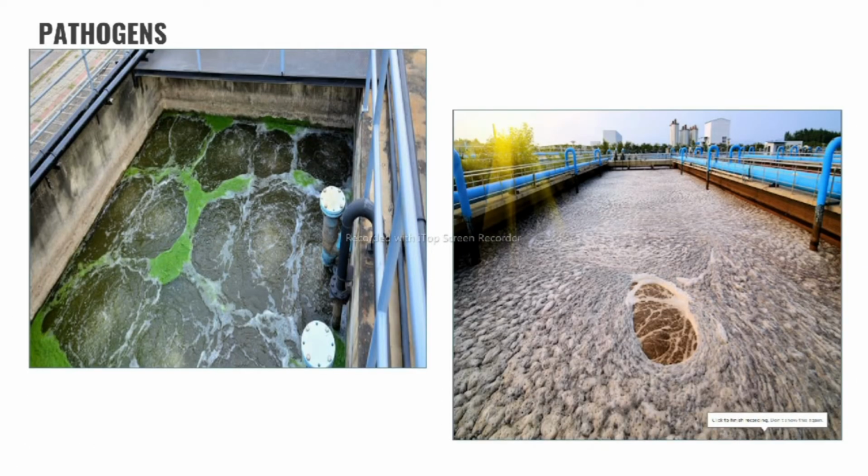The next set of pictures show the pathogens, or these pathogens are also one of the main sources of our stormwater related pollutants. So under pathogens, there are viruses, bacteria, and oftentimes there are fungi.